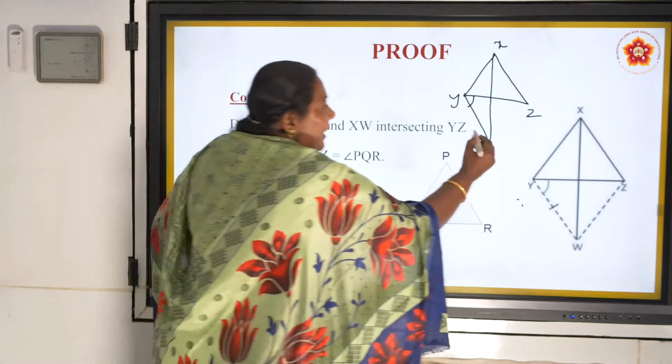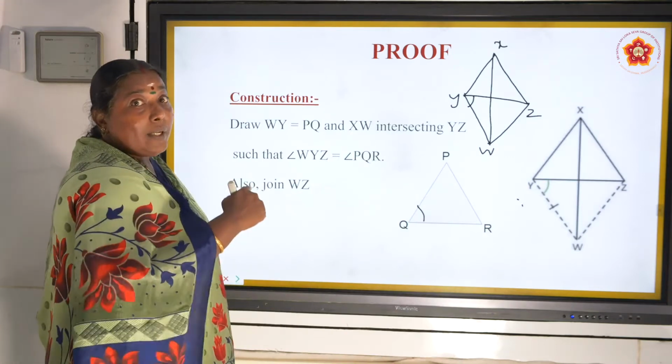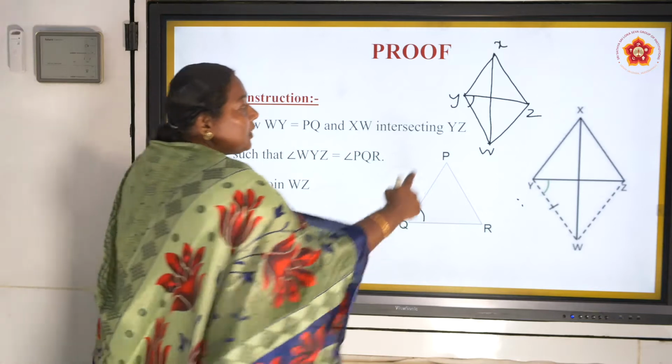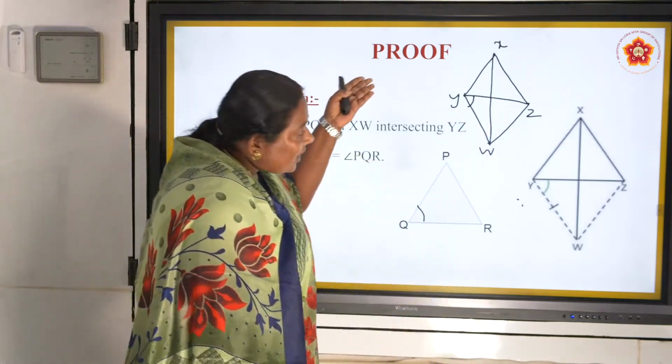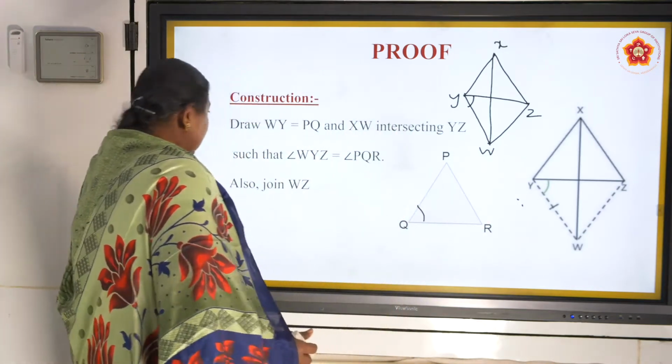The last side, let us join that also. So now what did we get? We got another triangle, triangle WYZ. Did we reach the figure? Yes, we reached. Now, next.